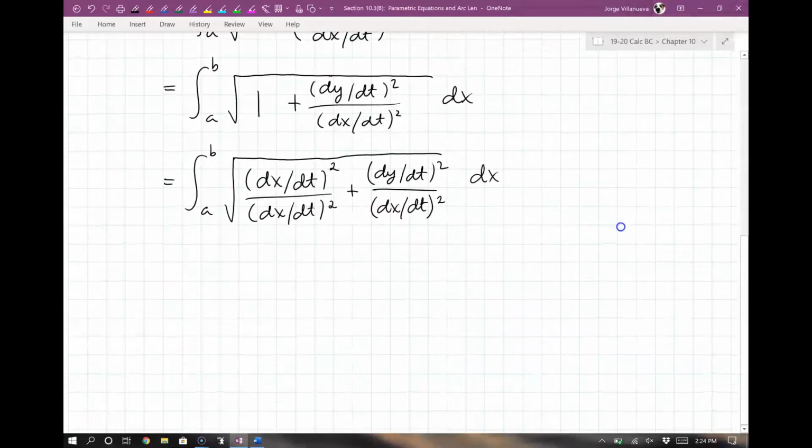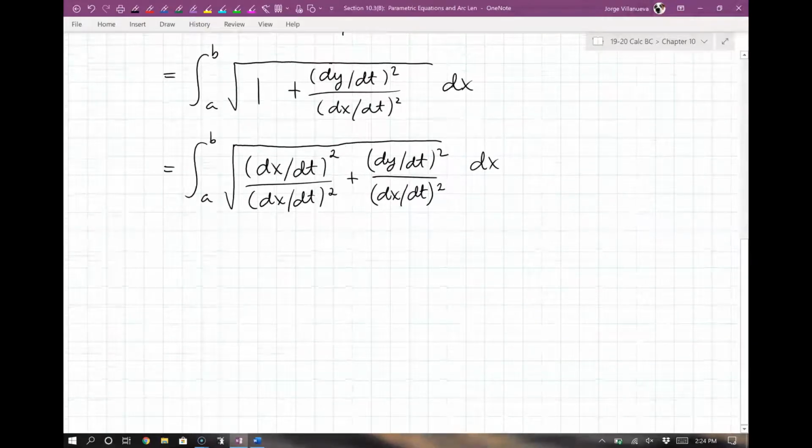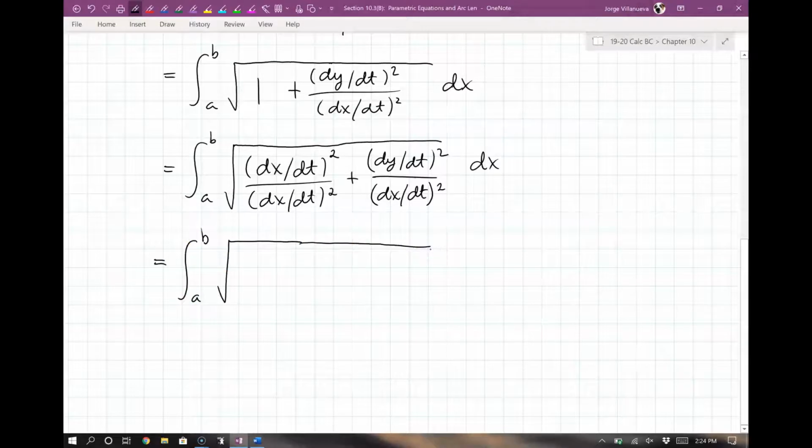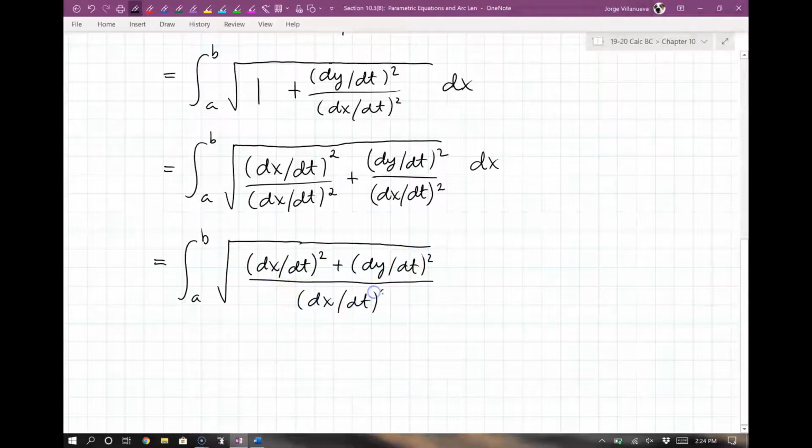Now, I'm going to put those two fractions together. I know I'm taking it step by step here. Some people may actually be able to do this a lot faster just in their heads, which is fine. That's what I would do, but I'm trying to show all the steps, so let's show all the steps. So dx dt squared plus dy dt squared divided by dx dt squared dx.